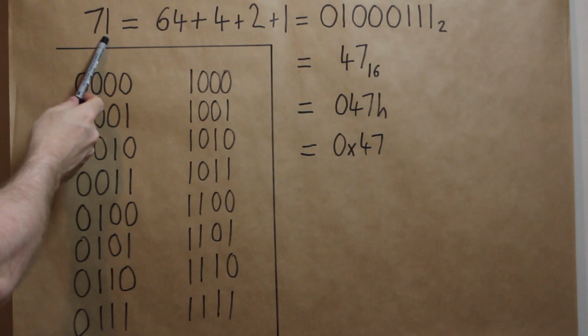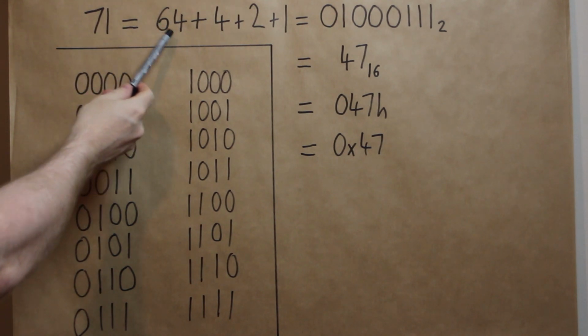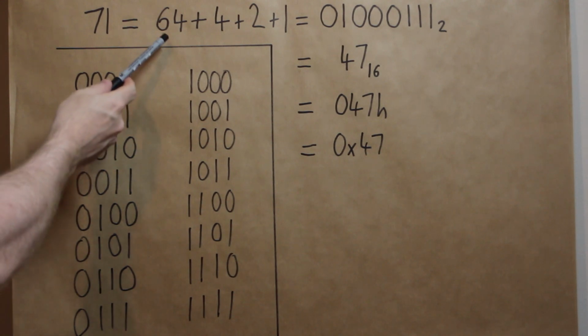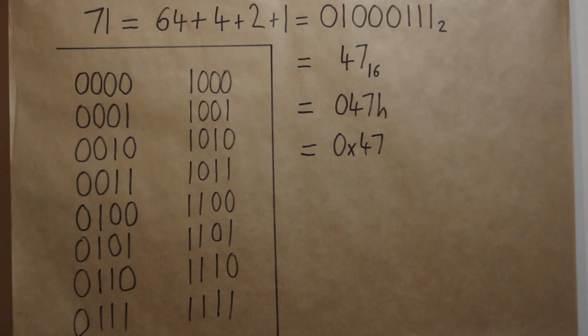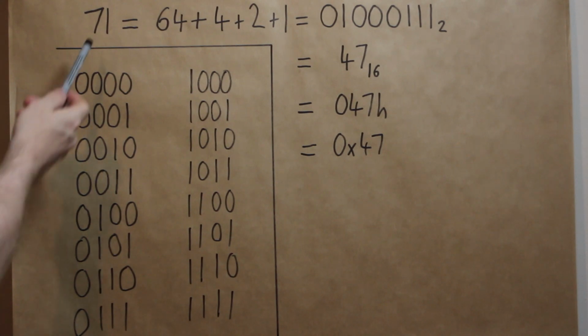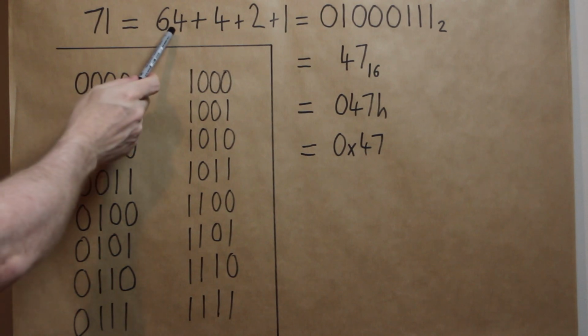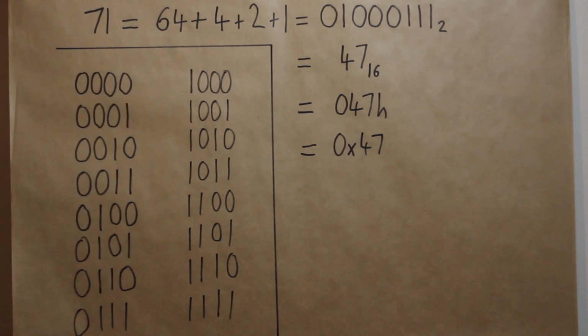And so the way we do it is we start off with the largest power of 2 that we could take away from 71. And so that's 64. I couldn't go up to the next power of 2, that'd be 128. That'd be too large. I couldn't take that away without it becoming negative. So 64 is the largest power of 2. And when I take this away, I'm left with 7.